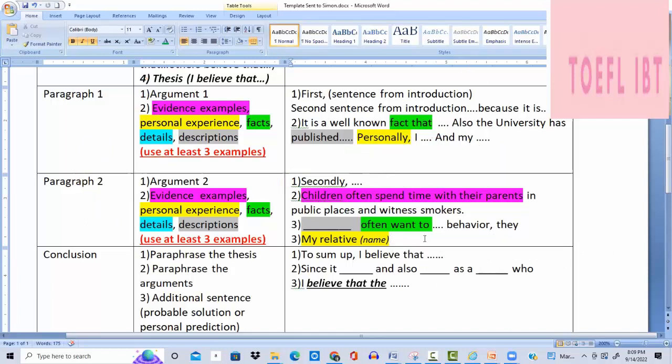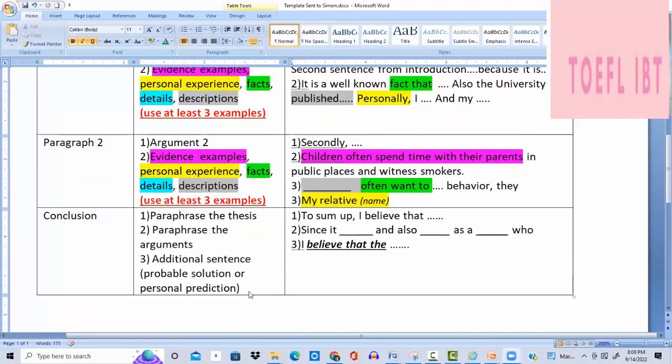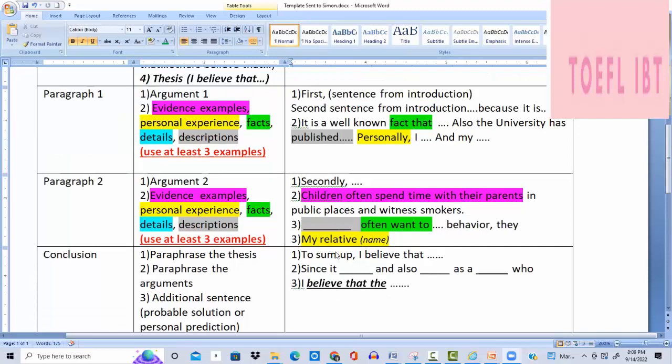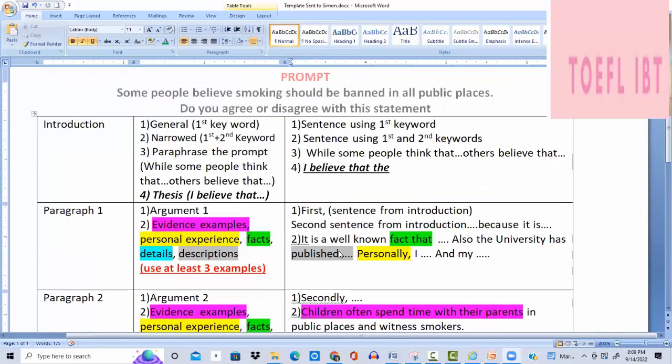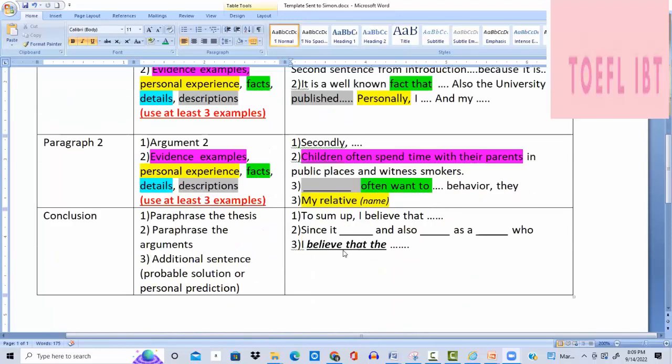Now we have the last part, which is our conclusion. You want to first paraphrase the thesis. Okay. To paraphrase the thesis, it's right here. This was your thesis. I believe that. Okay. That's your thesis.